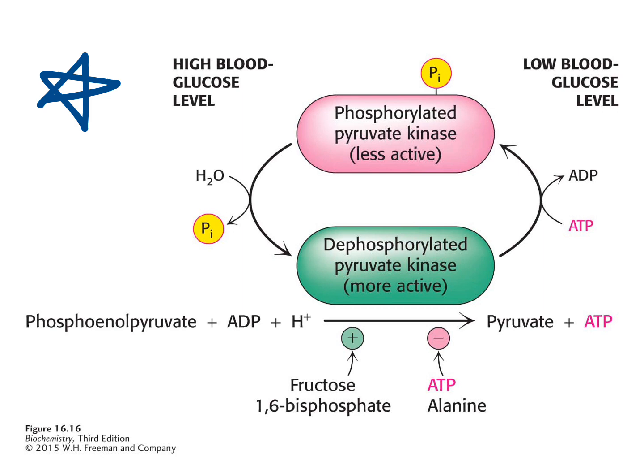And when the blood glucose level is low, the dephosphorylated pyruvate kinase becomes less active, is inhibited.